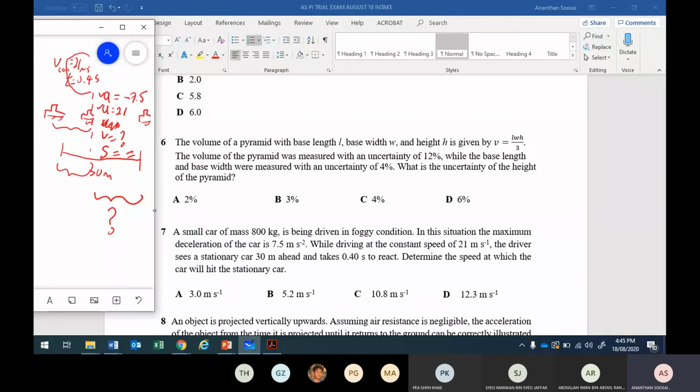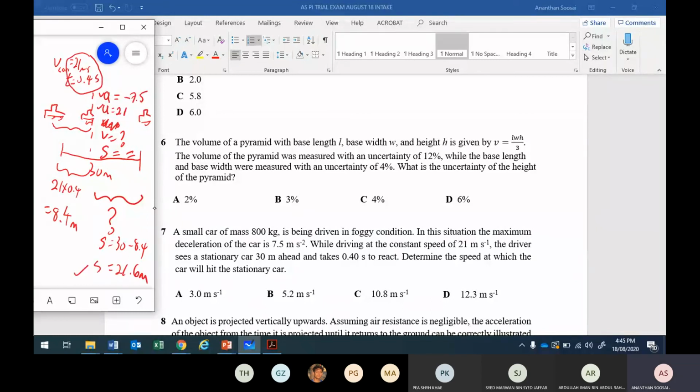21 times 0.4, right? The distance traveled here is 21 times 0.4. How much do you get? 8.4 meter, I think. So this S should be 30 minus 8.4, which gives 21.6.